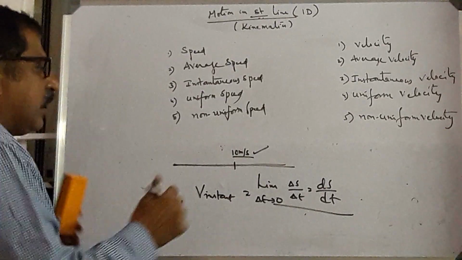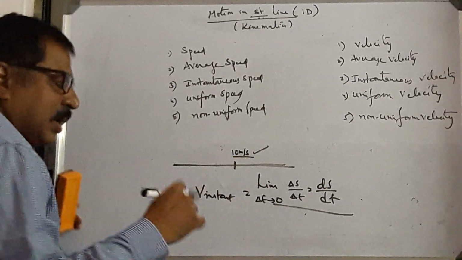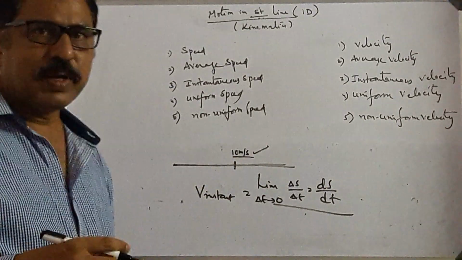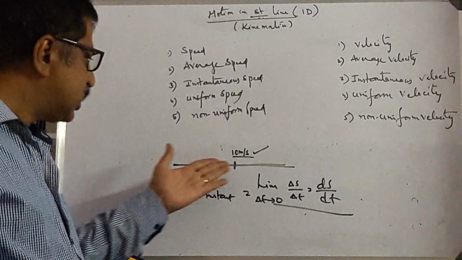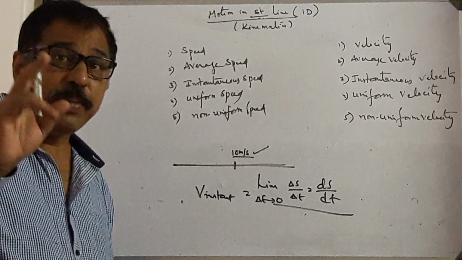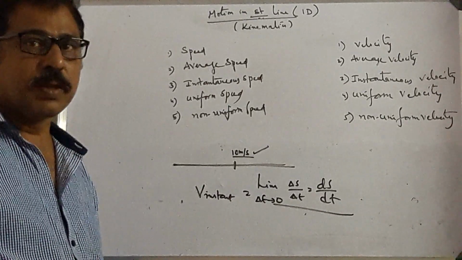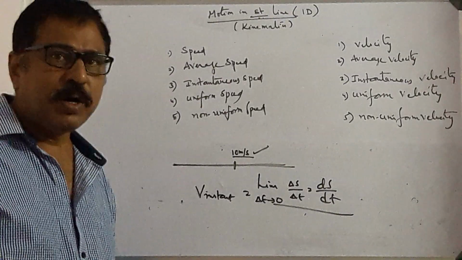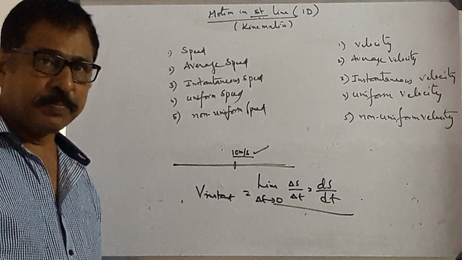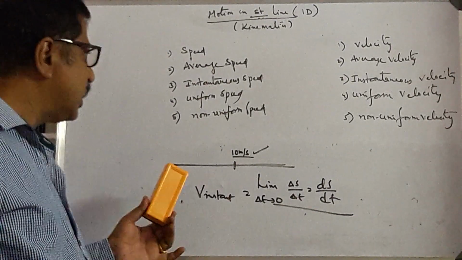The speedometer of a vehicle, such as a scooter, measures the instantaneous speed. That means at a particular instant, the speed of a body is given by that speedometer. That is the instantaneous speed.